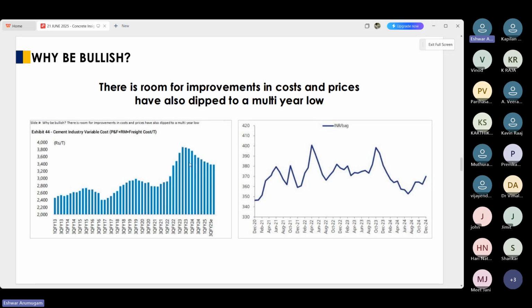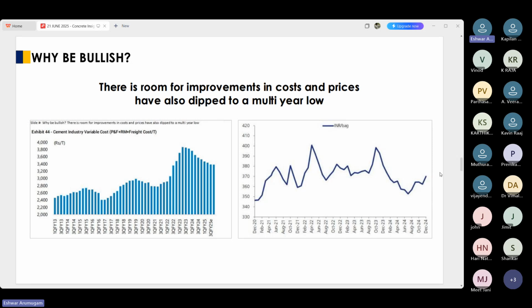So there is a consensus that it has largely topped out, and it will be a downward hill from here for the variable costs. And if you also look at the price per bag, or the realization, it is at a very low point if you take the last 4-year comparison, and it is also showing improvement slowly.